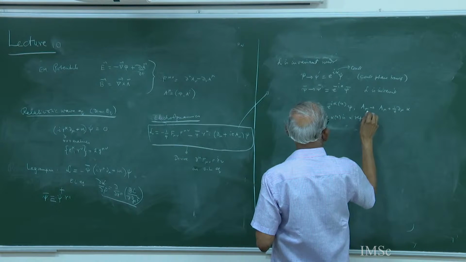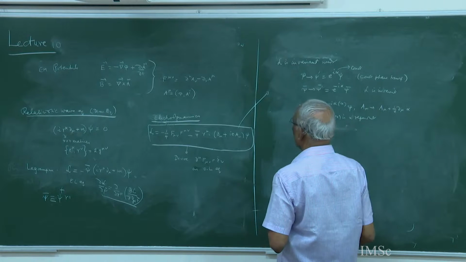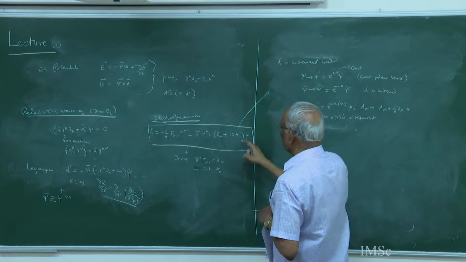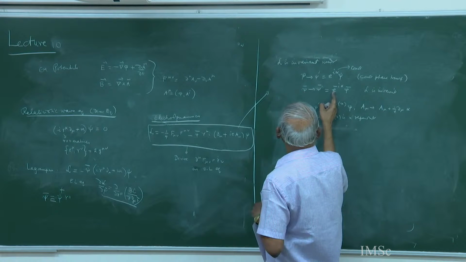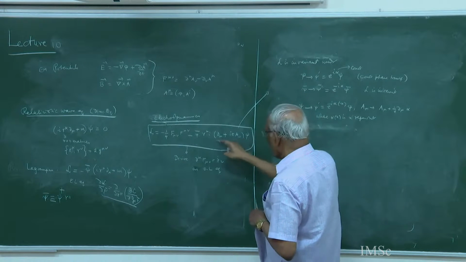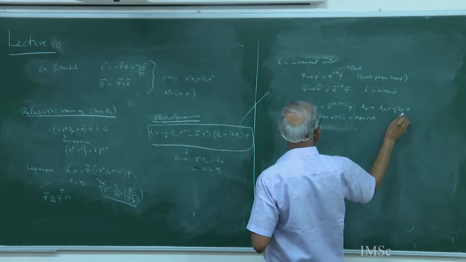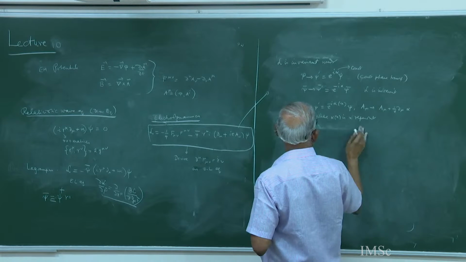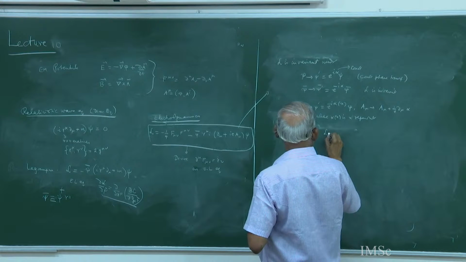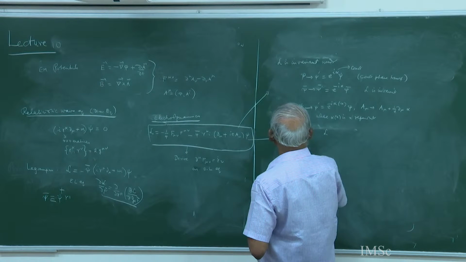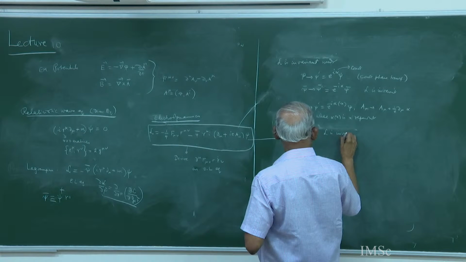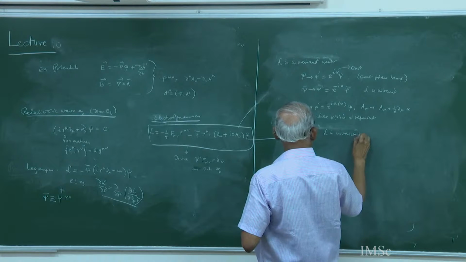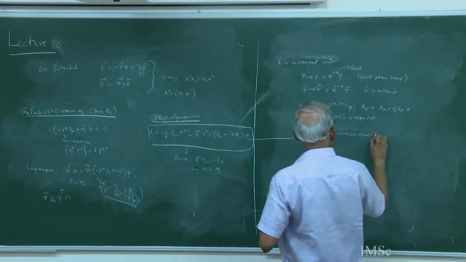If simultaneously both transformations are made, you can show that because a derivative is there, a derivative of alpha will come, but that gets compensated by this. Please show this, where alpha of x is x dependent. This L is invariant under this combined transformation.